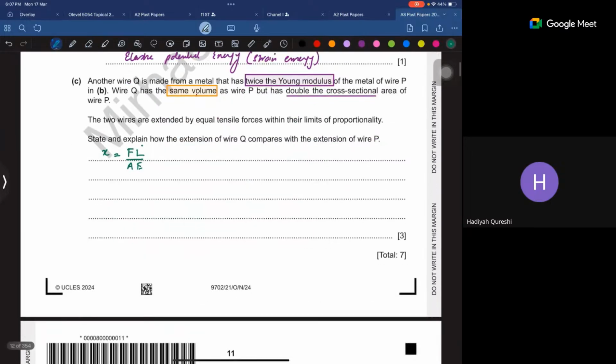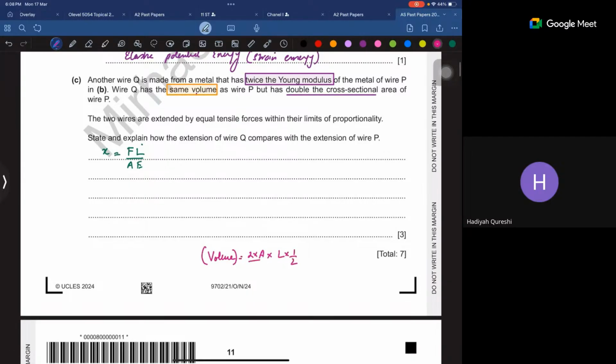Now think about it this way. Volume itself is area times length, as you guys know, right? If the volume is the same, this is a constant, and you want to keep it constant. So if you double the cross-sectional area, you have to halve the length to balance the equation. Do you guys understand this?